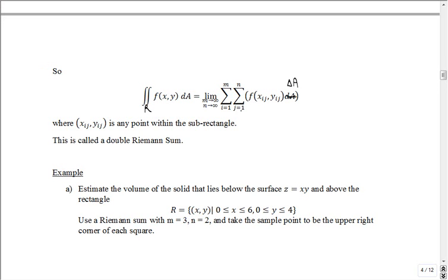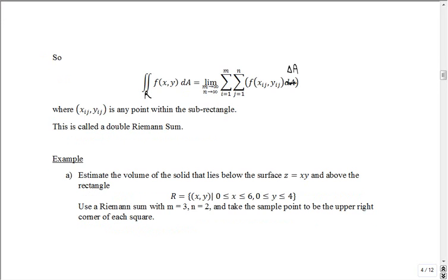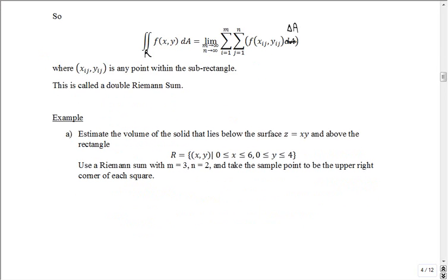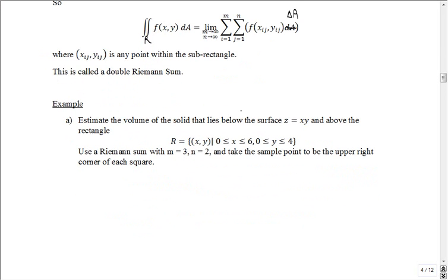Okay, so let's do A. Estimate the volume of the solid that lies below the surface z equals xy and above the rectangle R, defined by x between 0 and 6 and y between 0 and 4. We want to use a Riemann sum with m equals 3, n equals 2, and take the sample point to be the upper right corner of each square.